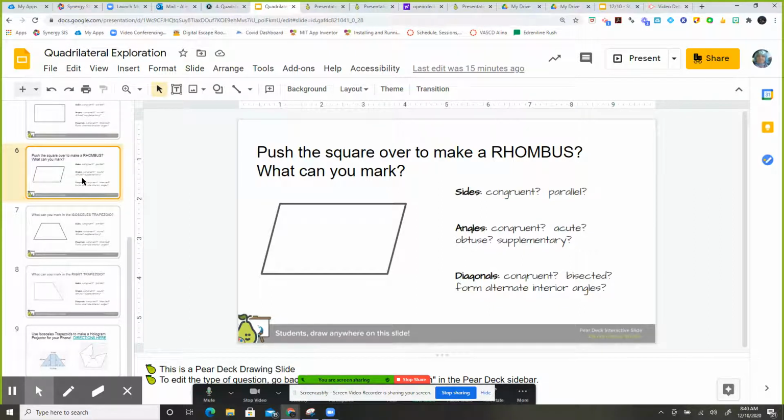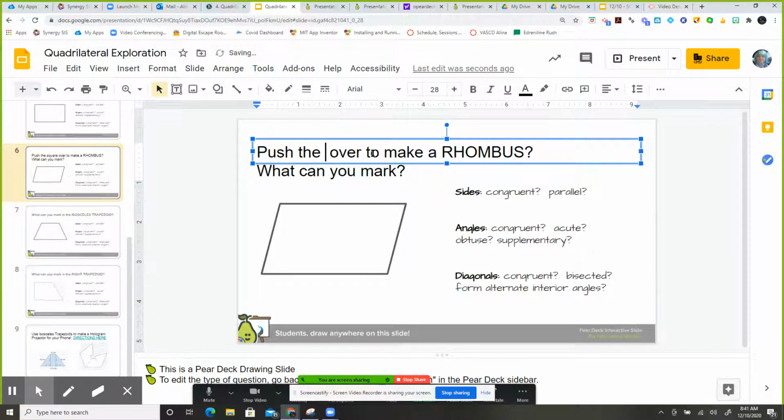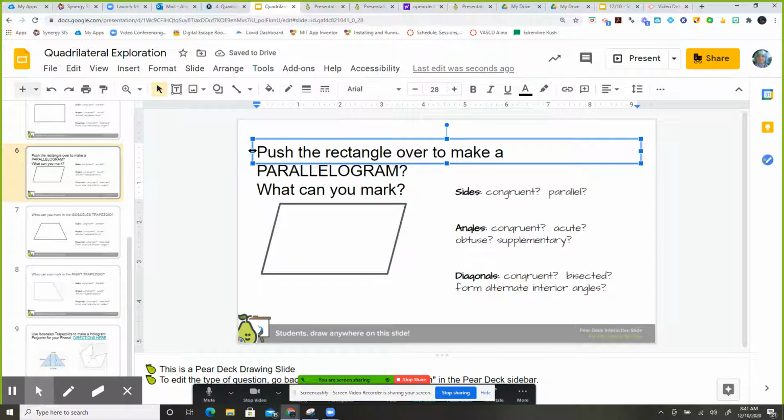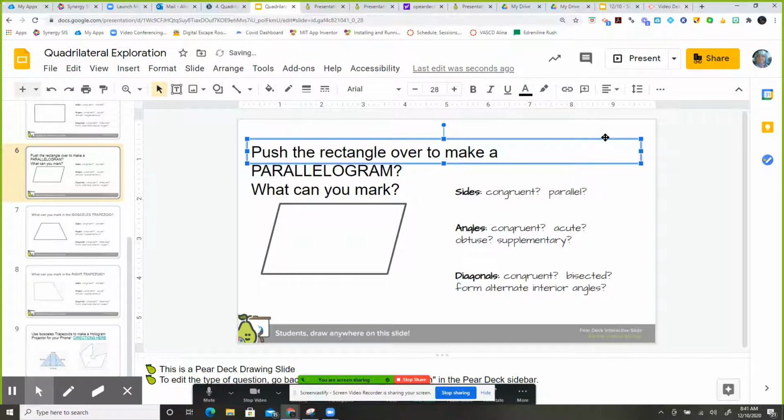I just didn't change the words. Push your rectangle over to make a parallelogram. So make a parallelogram.